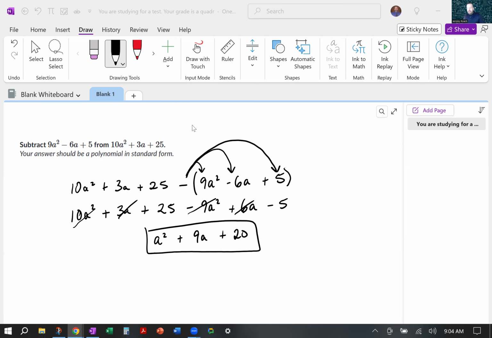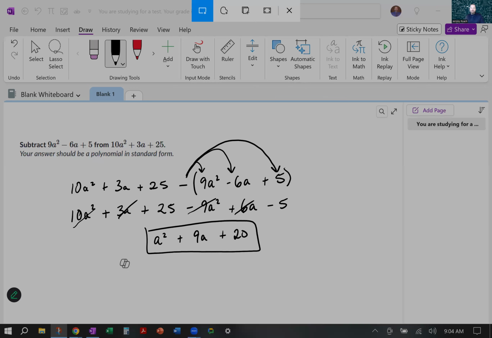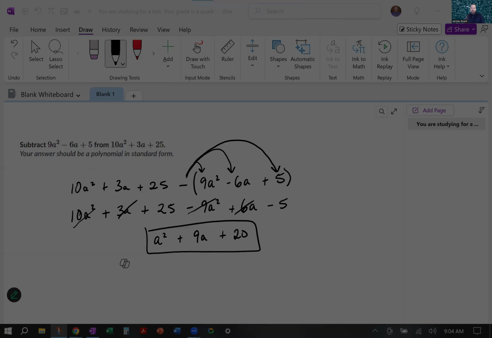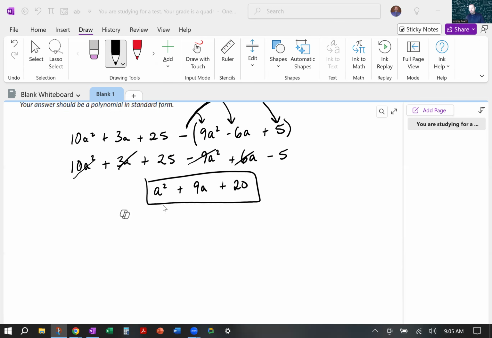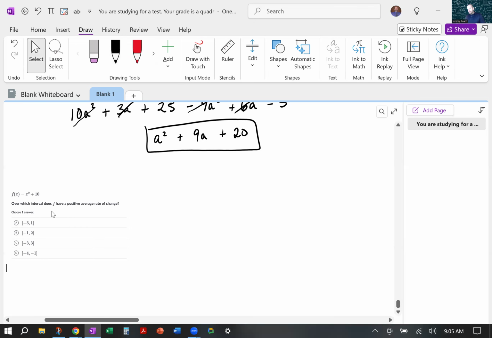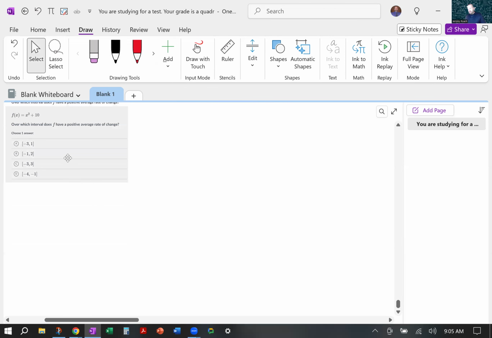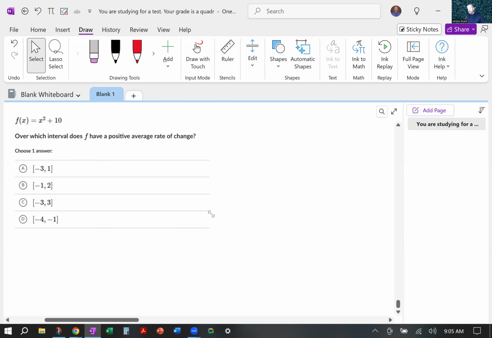Okay. The next question is a graphing question. It says, what interval does f have a positive average rate of change on? So this is our function f of x equals x squared plus 10.